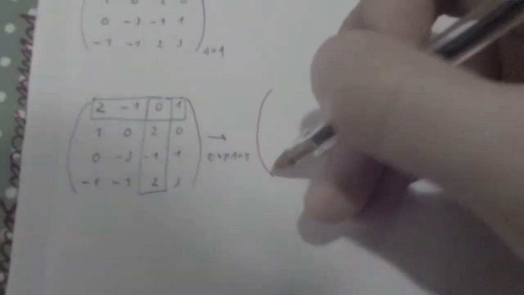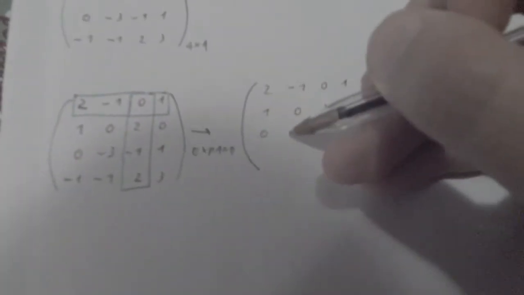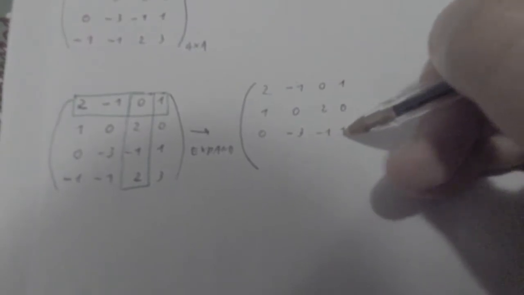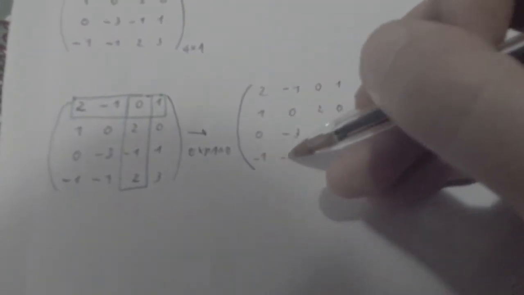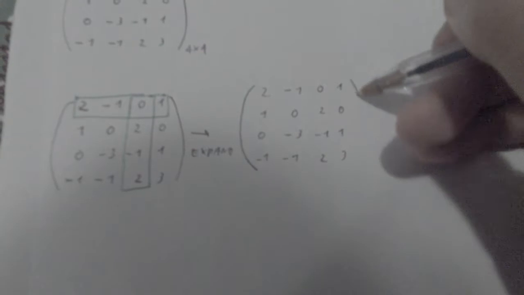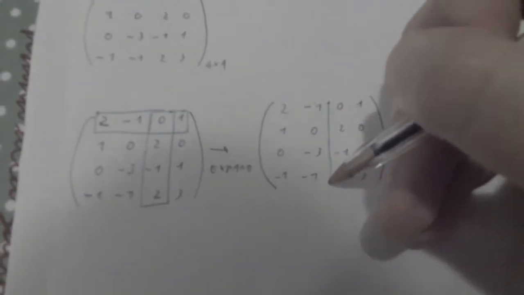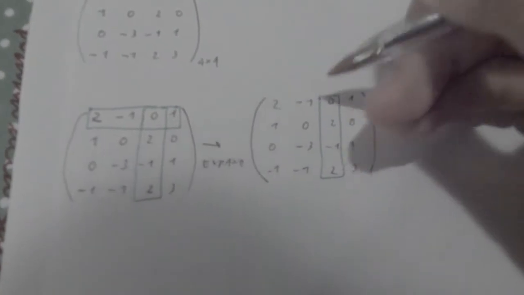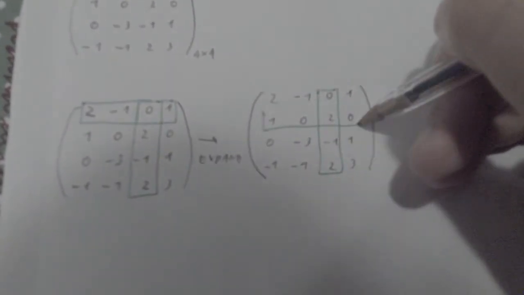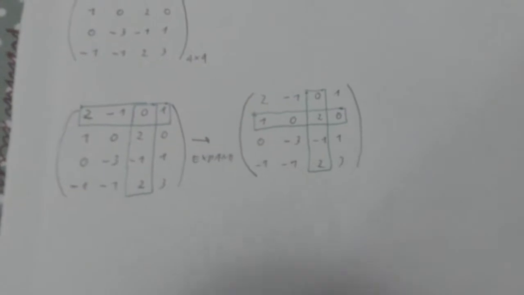So let me expand: 2, -1, 0, 1, 1, 0, 2, 0, and again 0, -3, -1, 1, -1, -1, 2, 3. This time I'm going to keep this one the same and go down here. There we go.